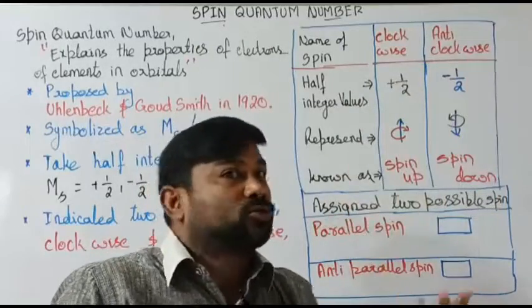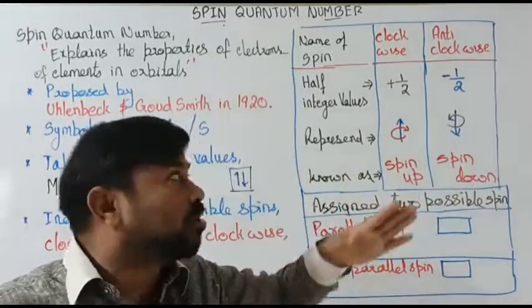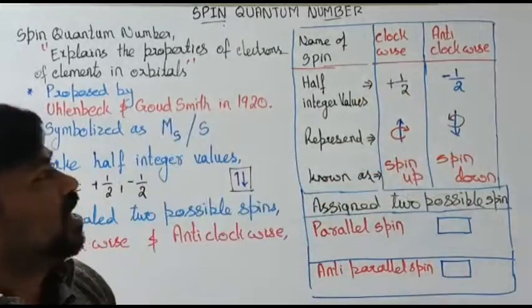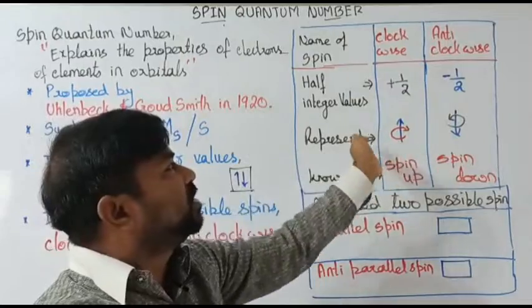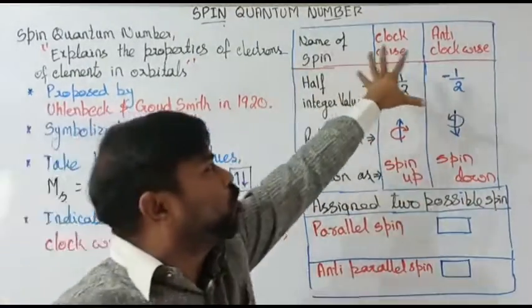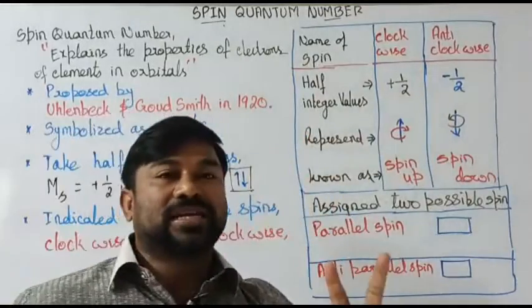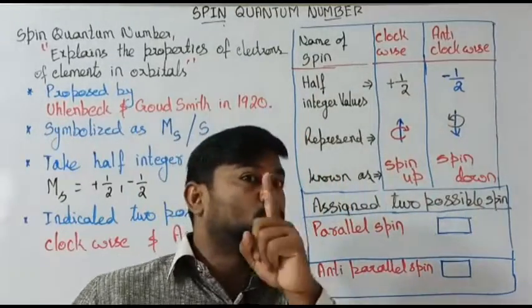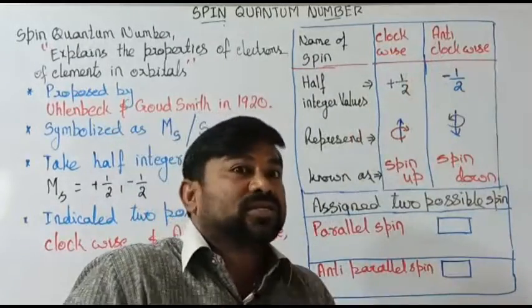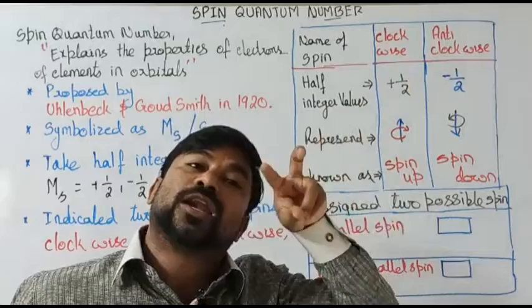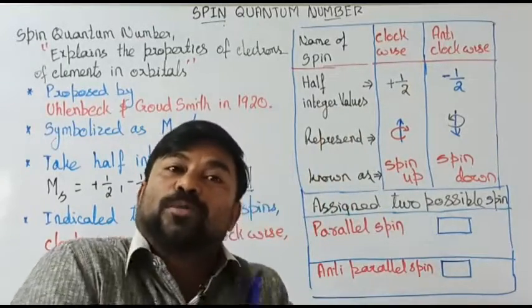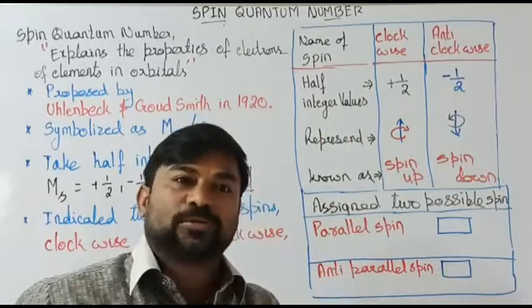If there is only one electron, it may have this or it may have that, depending on the situation. But if there are two electrons in the orbital, they should have a spin up and a spin down, that is, a clockwise rotation and an anti-clockwise direction. What possibilities do they have? Let us figure it out.